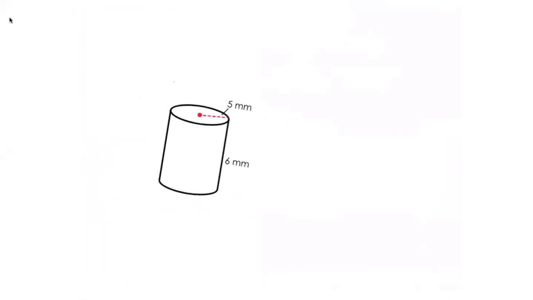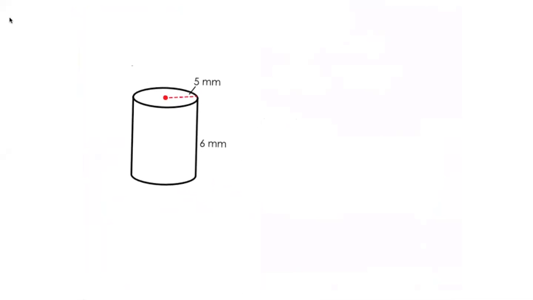So the first thing I'm going to ask you is, is there a shape that reminds you of a cylinder in real life? A can. Yes, it could be a can. What else? A trash can. A glass of water. A glass.